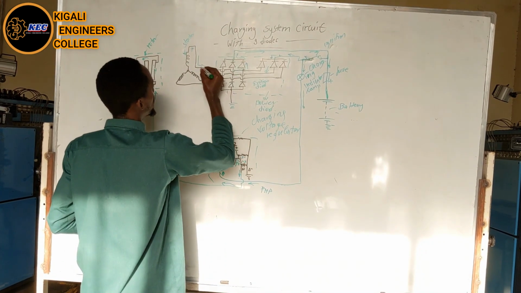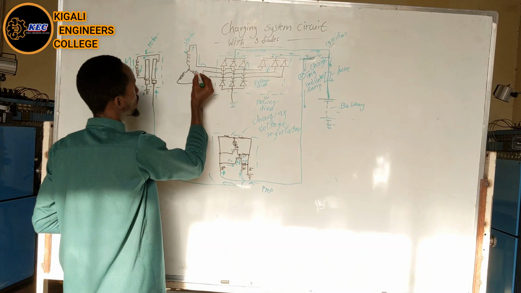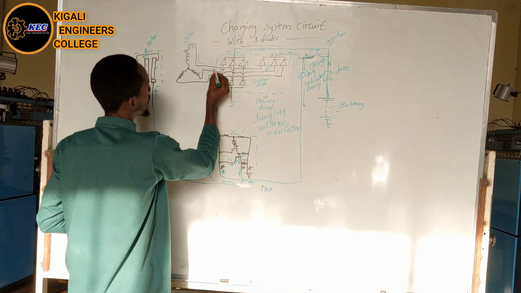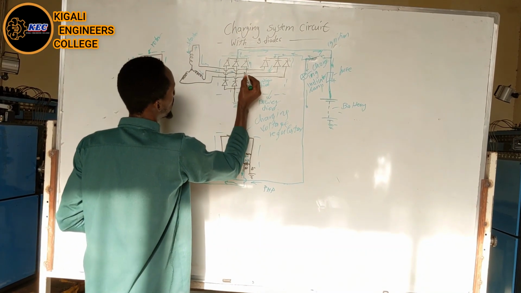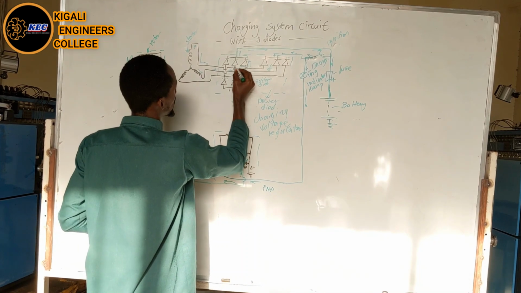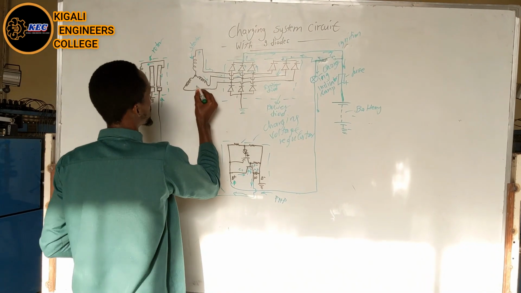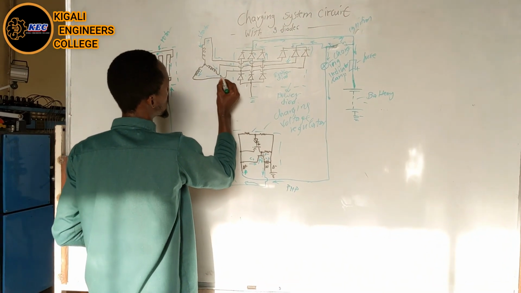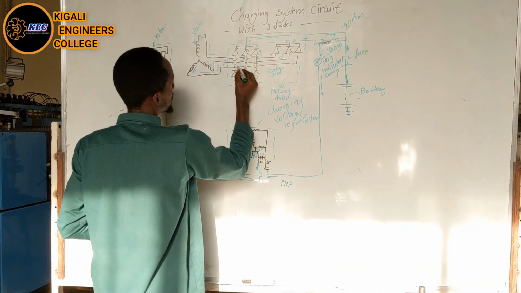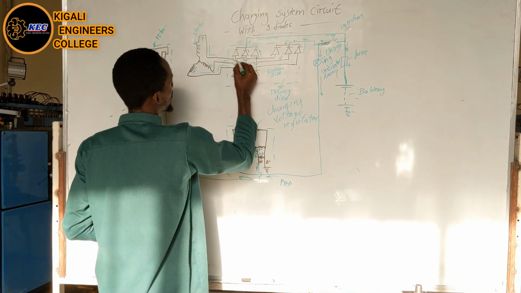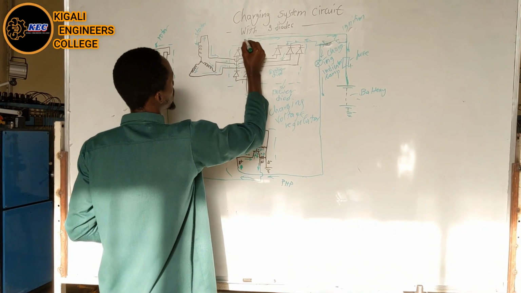And also if it goes on this wire, goes through here, passes here, and also goes out to charge the battery. And it is the same for the third one, passing here, going to charge the battery.